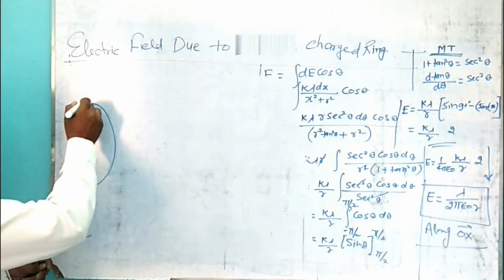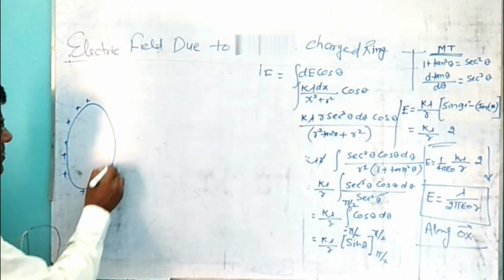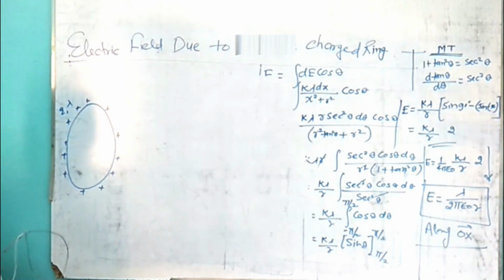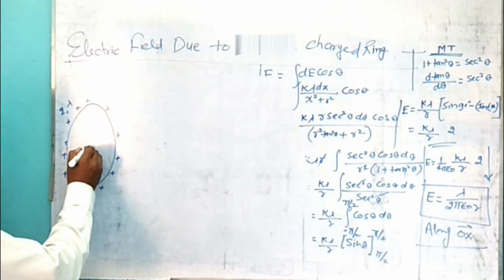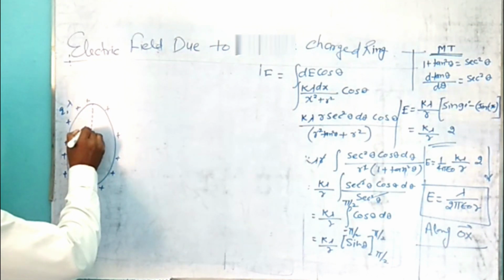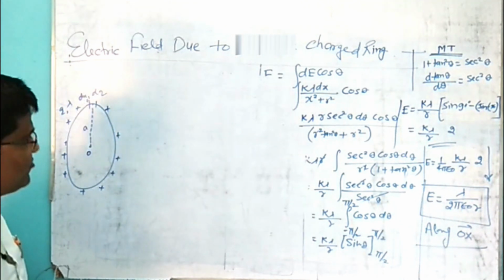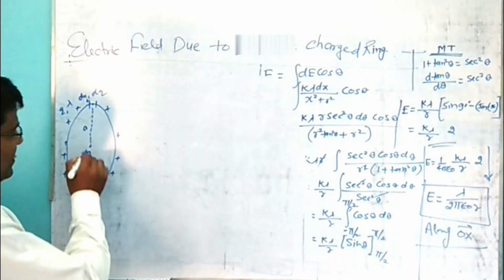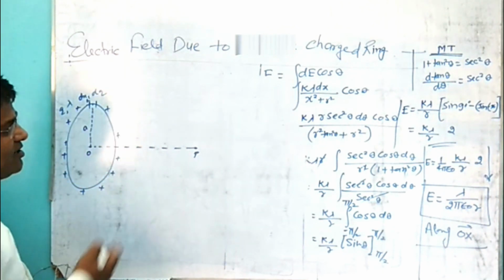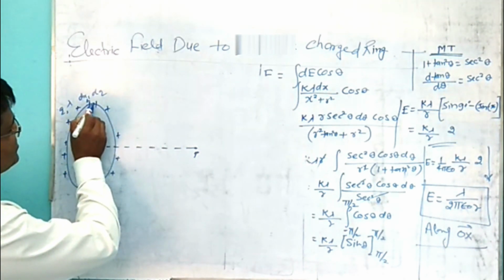Okay, then this is the charged ring, plus charge is here, and the amount of charge is q, and lambda is the linear charge density. And this is the center O, this is the radius A, and this is the small section dx. At dx, a dq charge is placed, and similarly a point P is here where we want to find the electric field, and this is the distance.